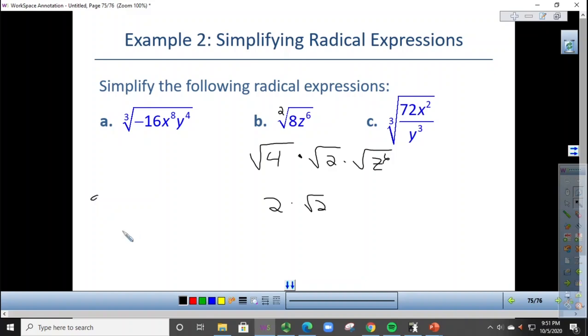So if I had the nth root of a to the m power in radical form, exponentially this would just be a to the m over n. So if I'm looking at this, this is really saying z to the 6 divided by 2, which is just z cubed. So my simplified answer for this would be 2z cubed square root of 2.